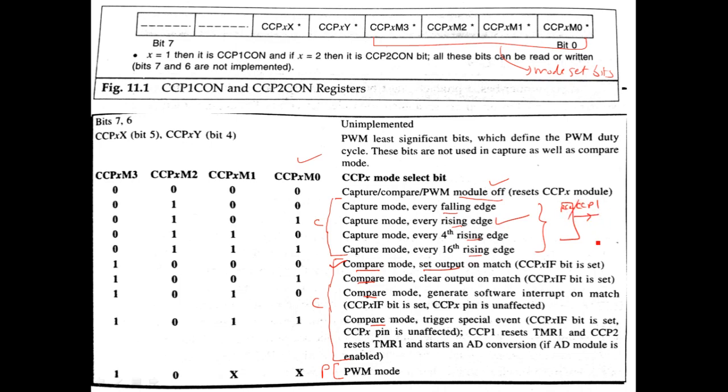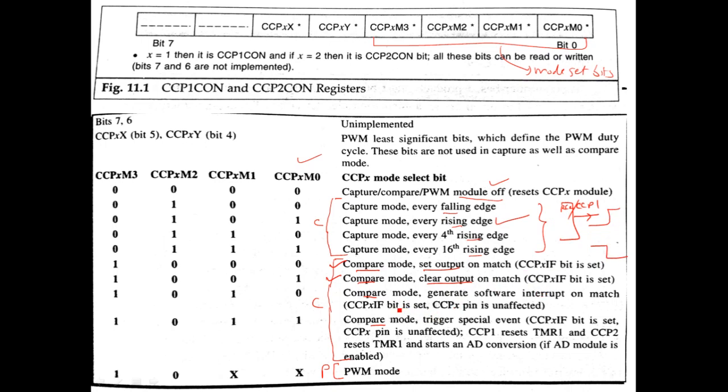Set means it will go from low to high. Or you can select another option where everything is the same as before, only the output will be cleared. In that case, the output will go from high to low. In the previous case it was going from low to high. So in any case the output makes a change; it may change from low to high or high to low.